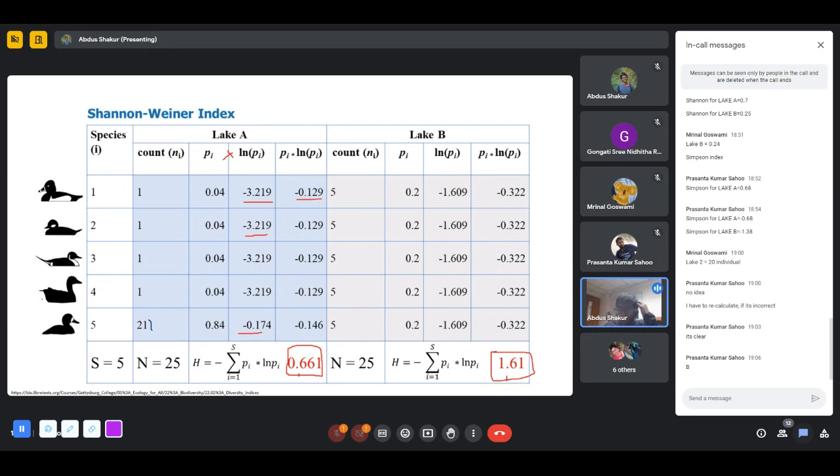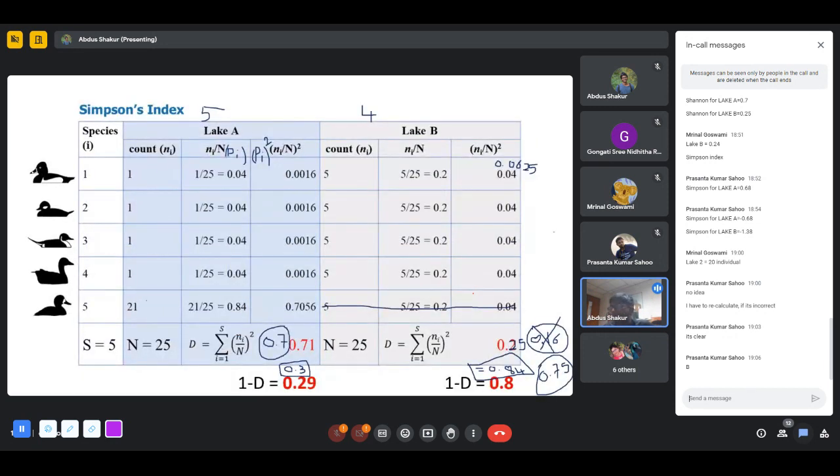Lake B has higher diversity. So the higher the value when you calculate this index, the greater the diversity of the birds in the lake. But for Simpson, to say that the higher the value, the higher the diversity, you have to do the calculation of 1 minus D.